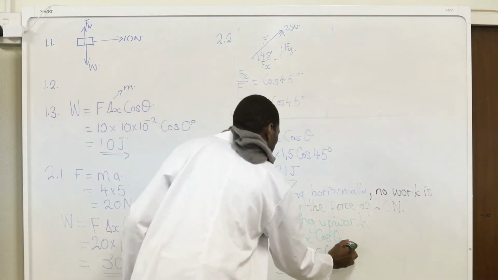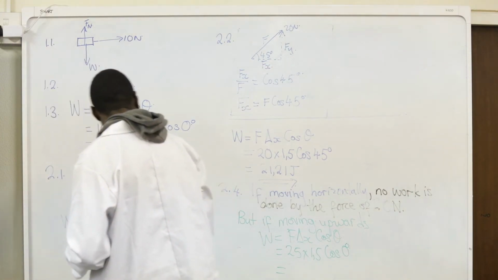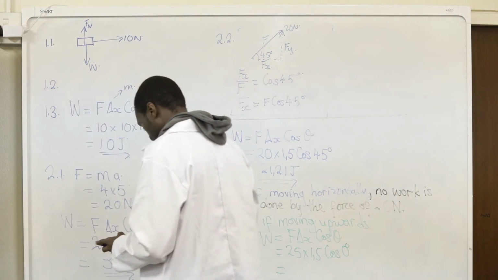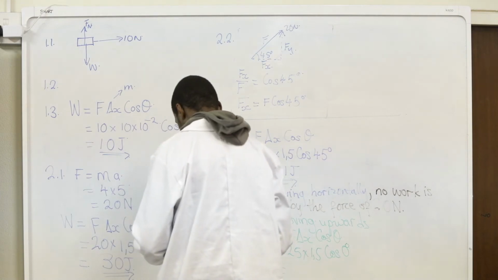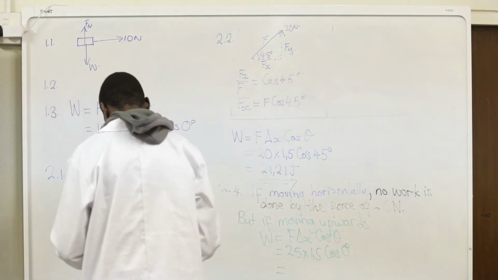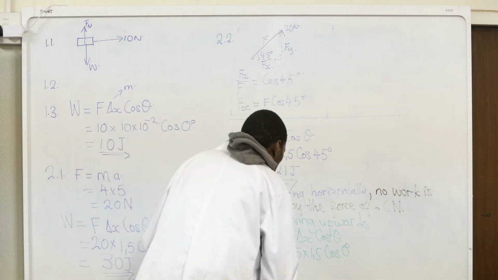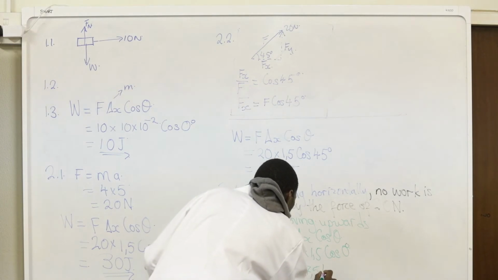So pull out your calculator once again and quickly multiply with me. 25 times 1,5 times cos of 0, which gives you 37,5 joules.